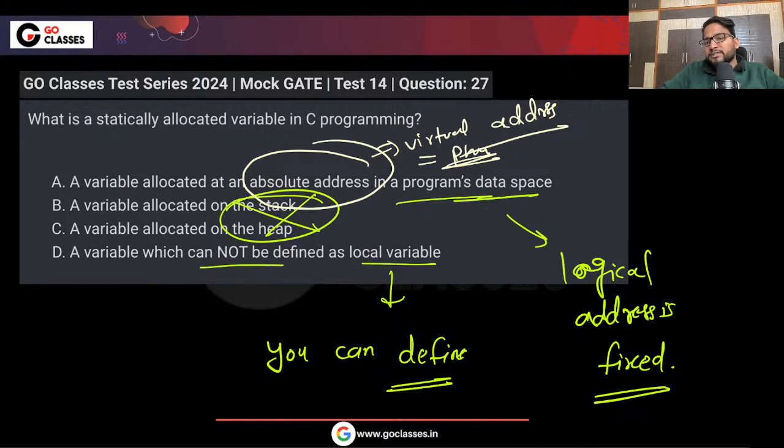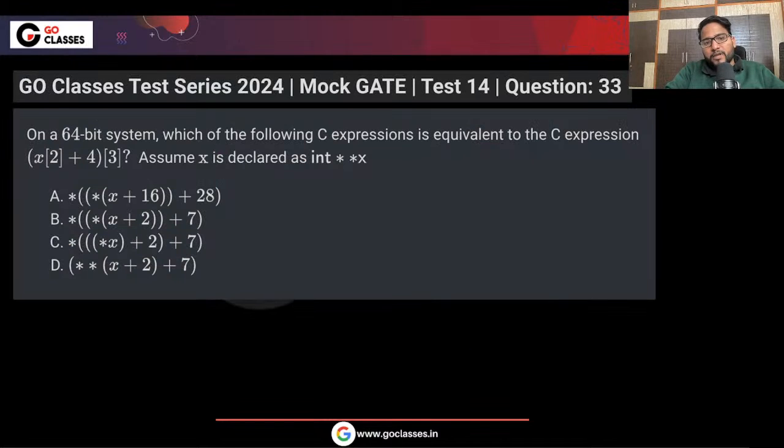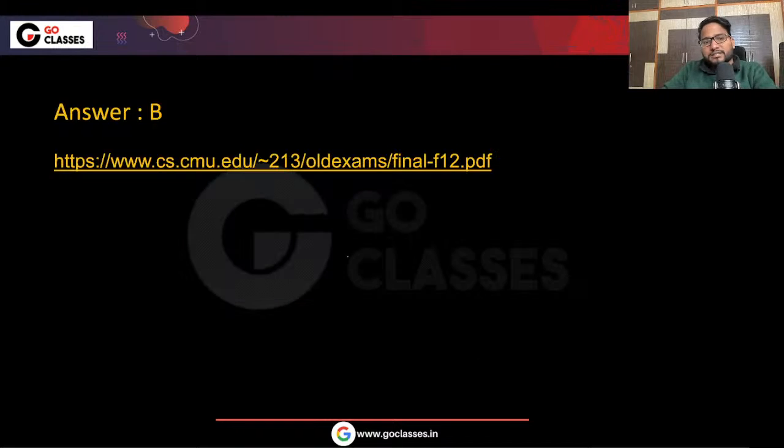Absolute means that you have given it a fix. Generally it's not the case, but suppose you are talking about a very old system which is not relocatable, then the absolute address is the same as the physical address. So I hope that's okay. The answer to this easy question is B.